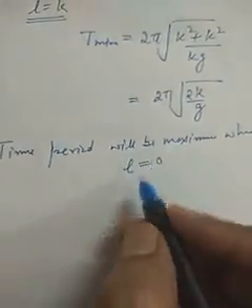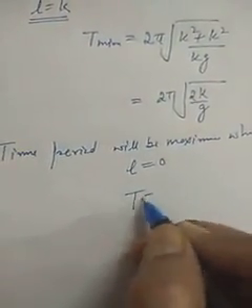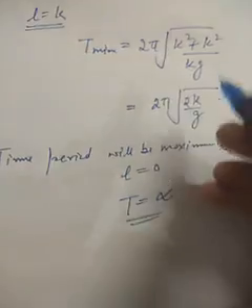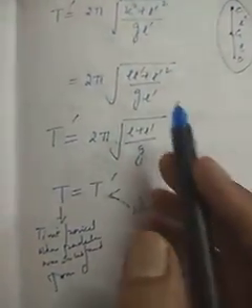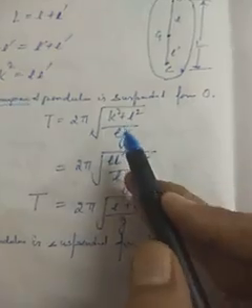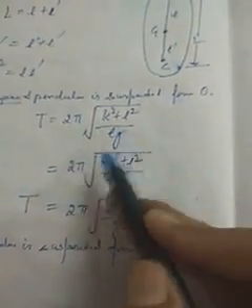When l becomes 0, obviously this time period T will become infinite, as l lies in the denominator in the expression of time period. While l approaches 0, the time period will become infinite.